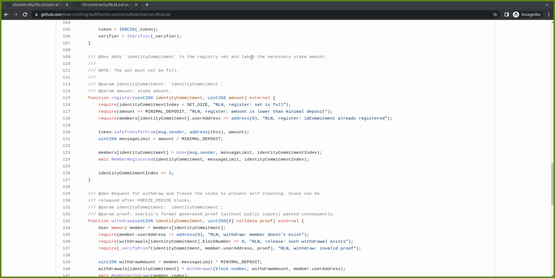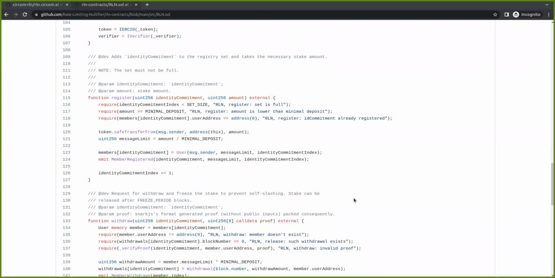So I would only use the circuit locally in order to create the identity commitment, and then pass it to the contract. I don't think that you need to use circuits to create the identity commitment. To create it, you just need to generate a random secret value, and that's it.